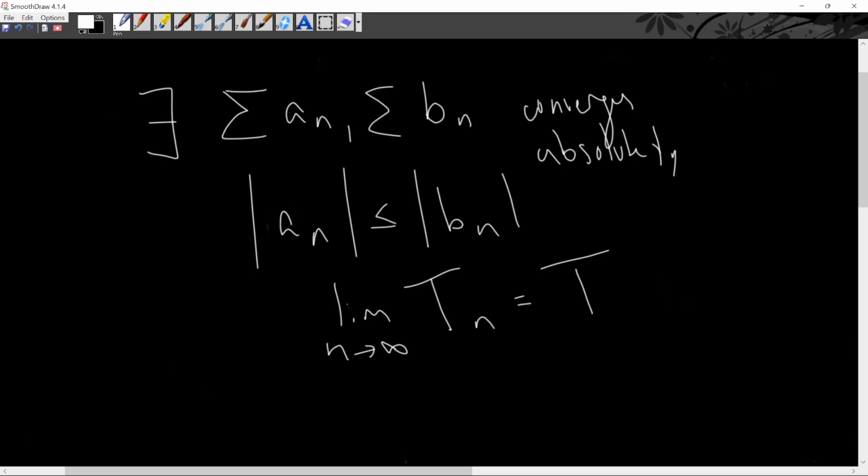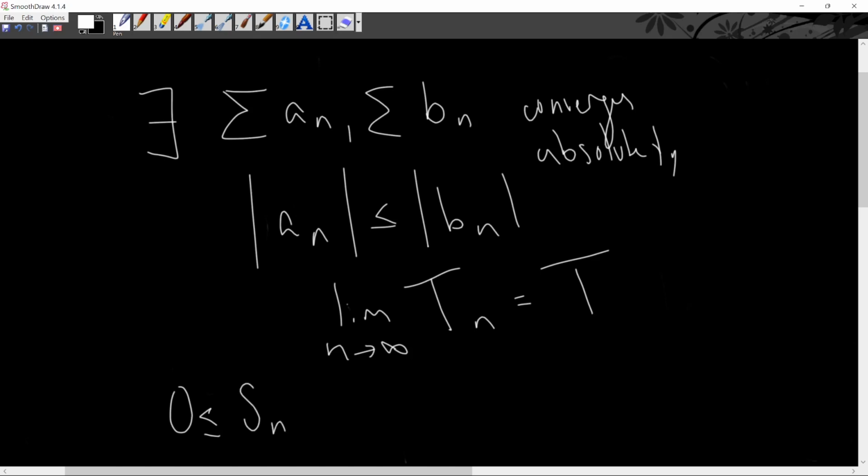So the limit as n approaches infinity of the sum will be the sum. So pretty simple. And for all n, since these are finite values and each term is greater than 1, you are starting at 1, and you're taking the absolute value, so each value is greater than or equal to 0.